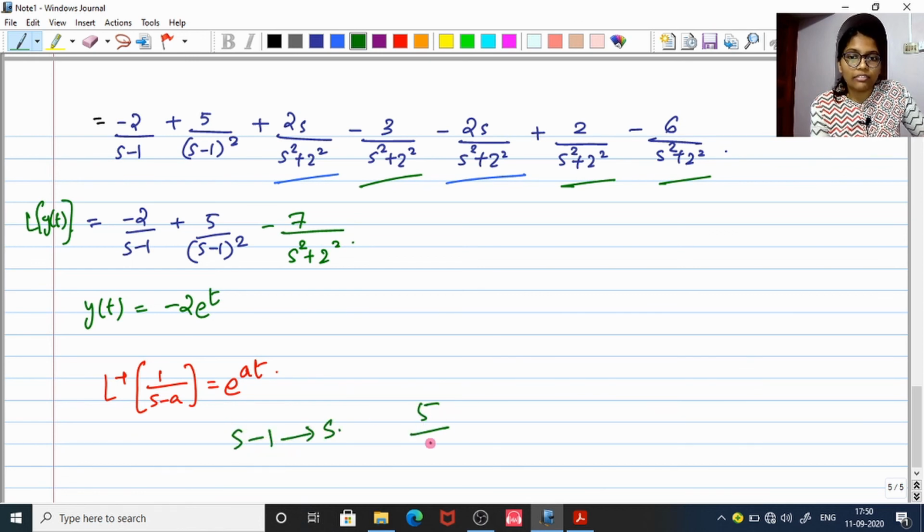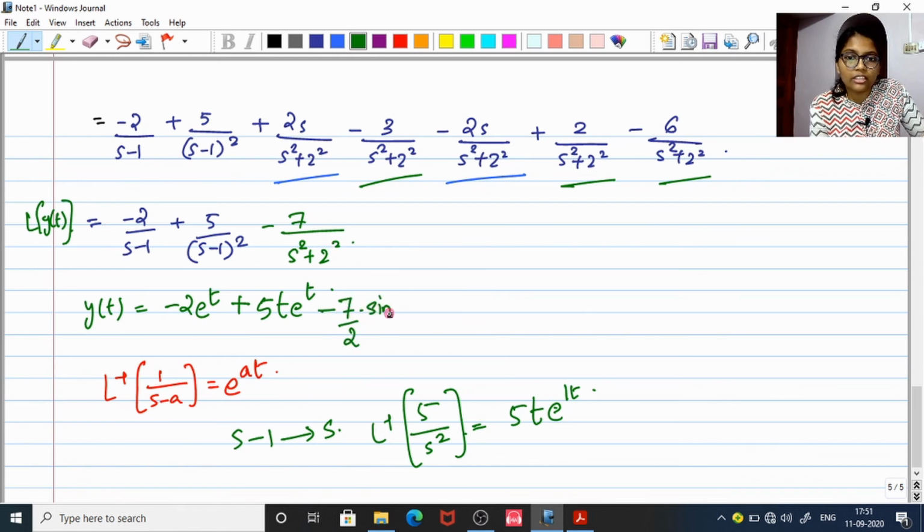Then you have 5 by s square, and L inverse of 5 by s square is 5 into t. Since we have a replacement occurring here, multiply it with e raised to 1t. If the replacement is s minus 2, then you have to multiply e raised to 2t. So the second term inverse Laplace is 5t e raised to t. Now minus 7 by s square plus 4 is minus 7 divided by 2 into sine 2t.